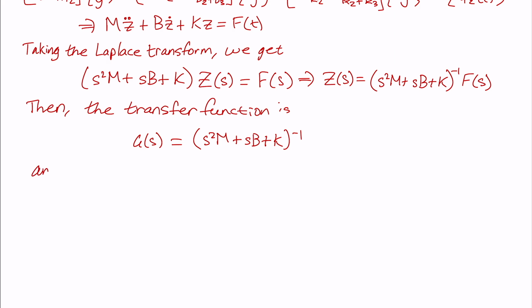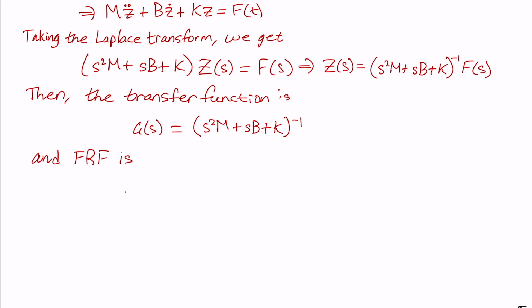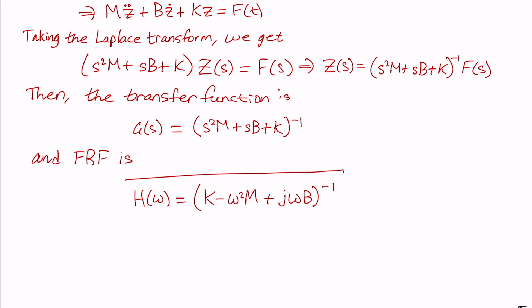And the frequency response function, or FRF, is then simply h of omega is equal to k minus omega squared m plus j times omega b, all of that raised to the -1 as an inverse.